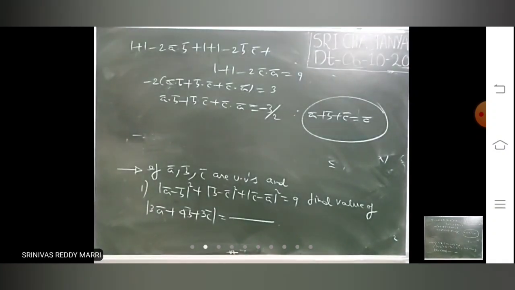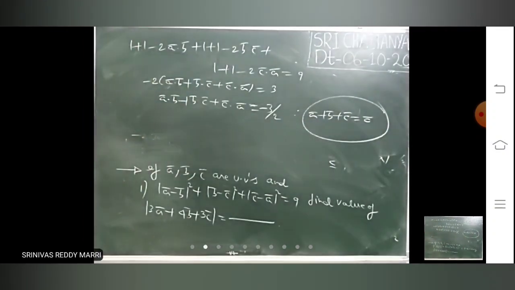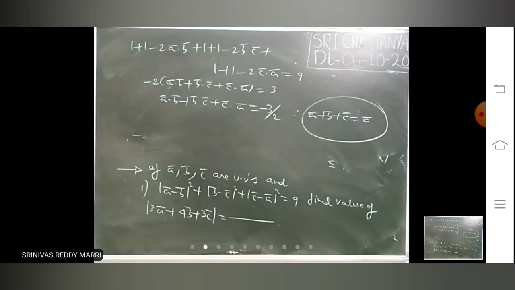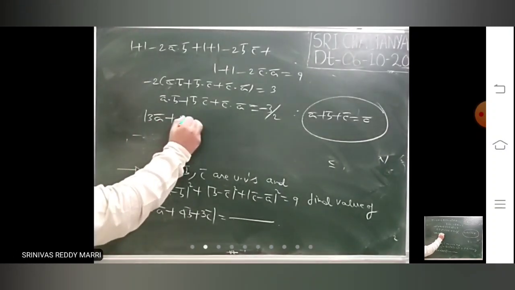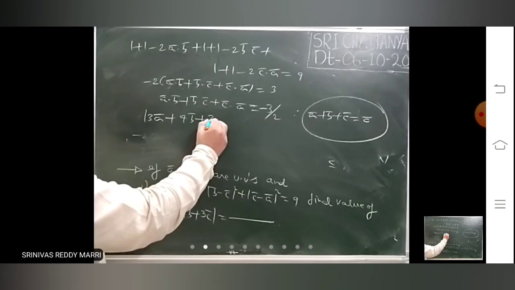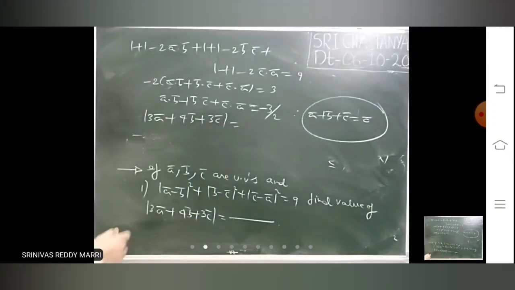If a dot b plus b dot c plus c dot a is minus 3 by 2, then a bar plus b bar plus c bar will be 0 bar, I told. Right? So that means a bar plus b bar plus c bar equal to 0 bar. 3a bar plus 4b bar plus 3c bar you have to calculate.